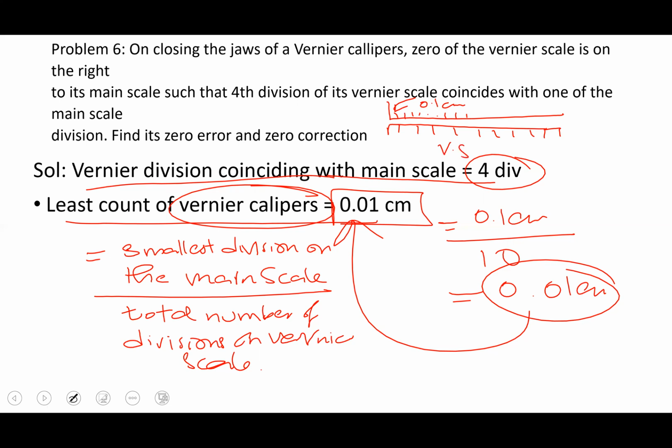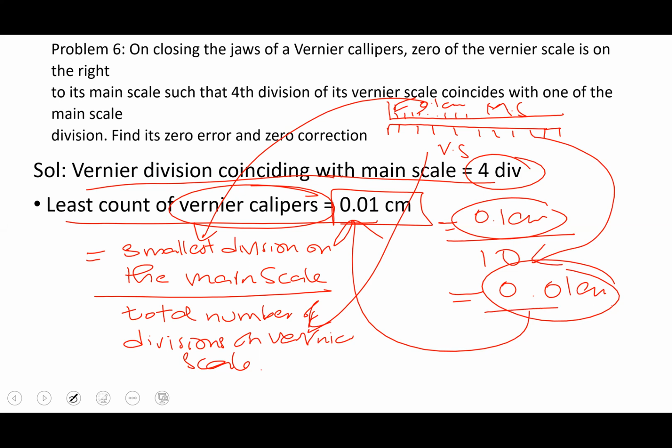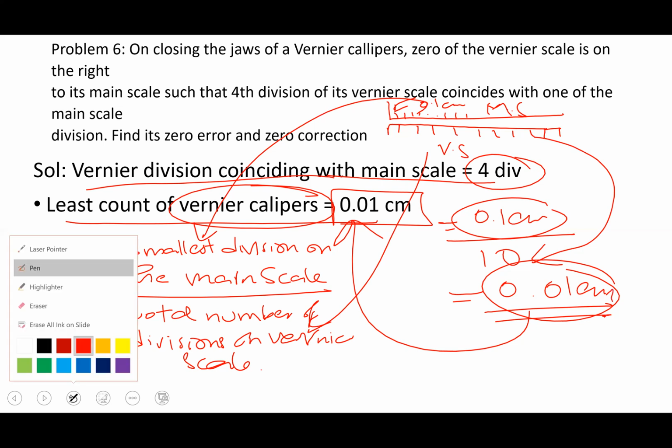We can say VS, and for this, we can say MS. Now, if we put the values in the least count formula, the smallest deviation is 0.1 centimeter, whereas the total number of deviations on the vernier scale is 10. If we divide 0.1 by 10, we get the least count of 0.01 centimeter. So this is what I have written over here.